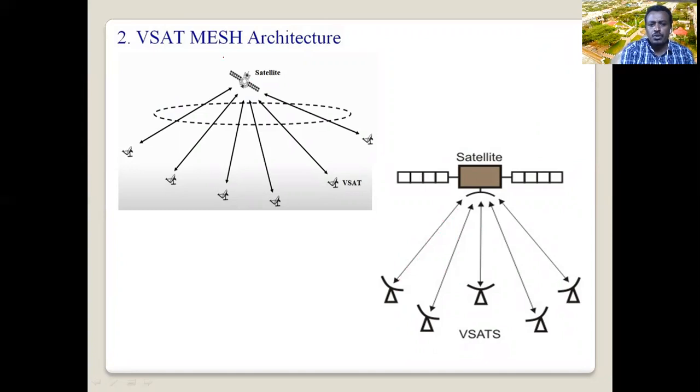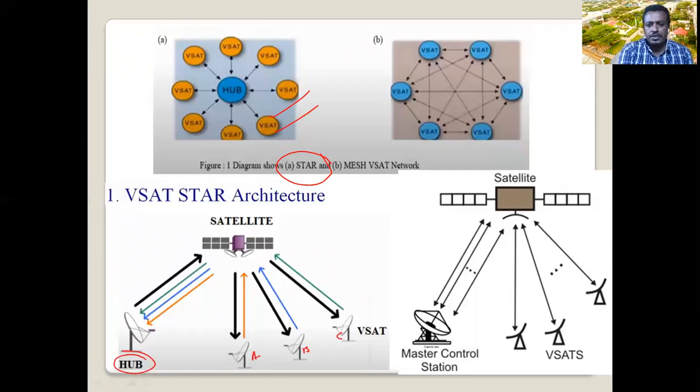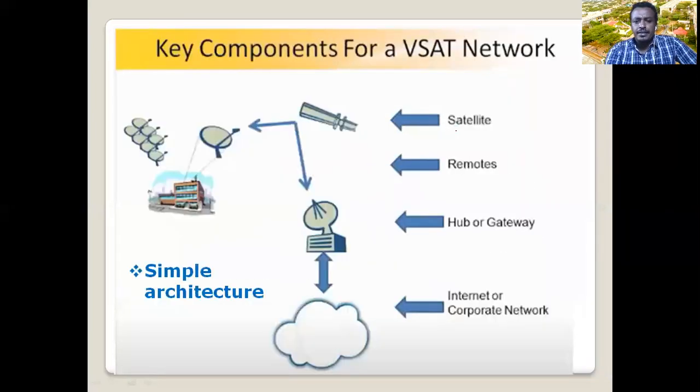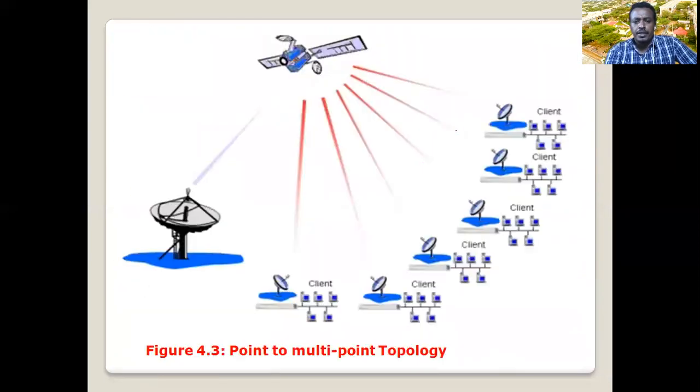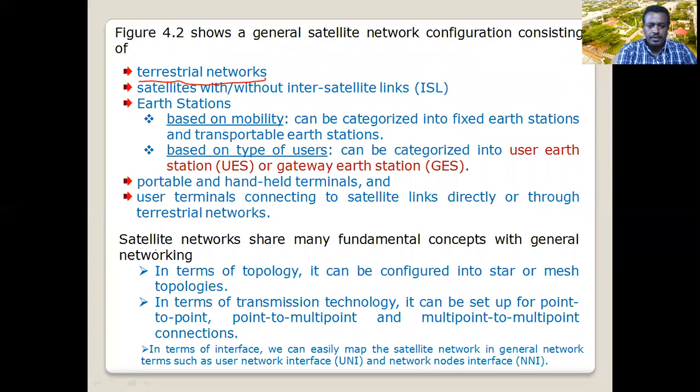Such topology is called mesh. In this case, part B is mesh. So just like general networking, when you see satellite networks, you find topology. Satellite networks can be configured in star topology and/or mesh topology. This is in terms of topology. You know this clearly from the general networking courses.